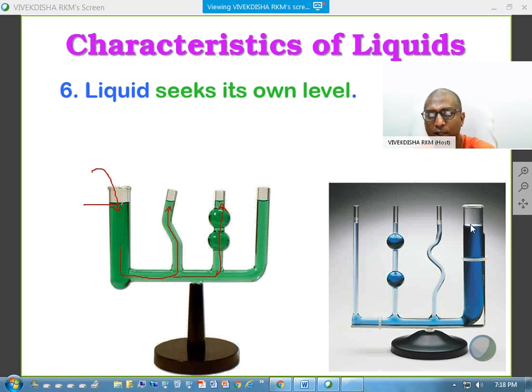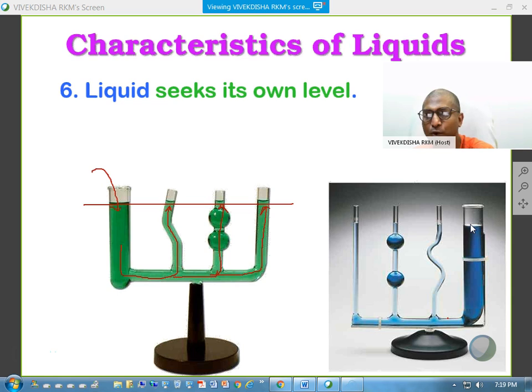That's why the level of all of these will be the same. So liquid seeks its own level if they are connected. That is the same for the right side also.